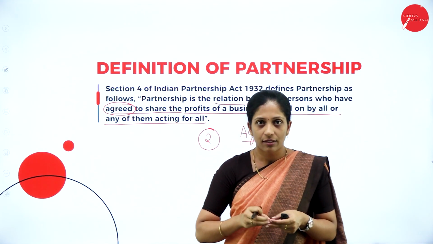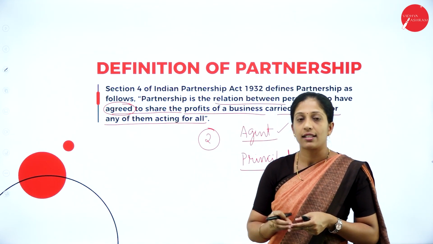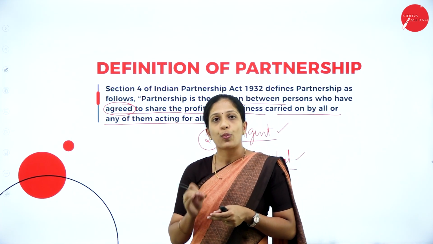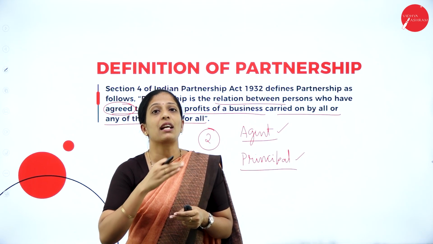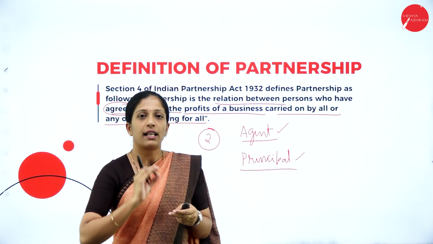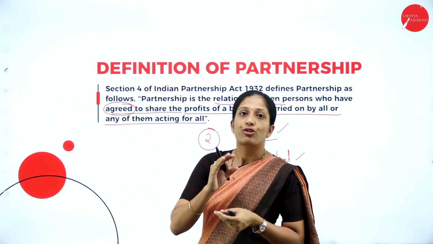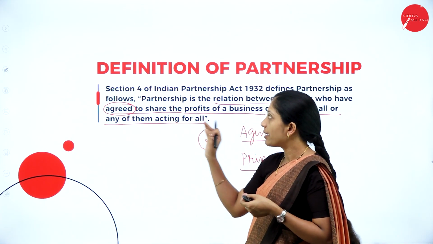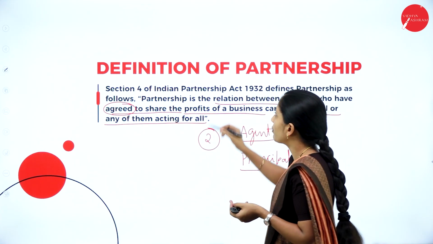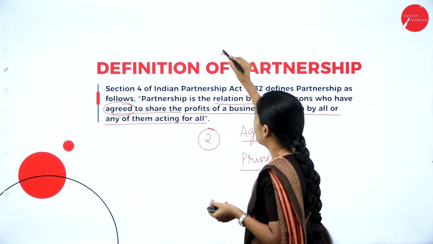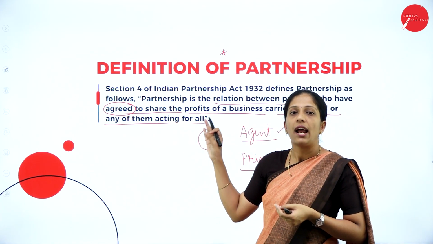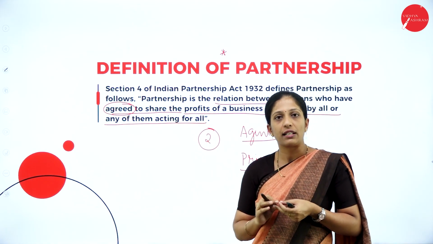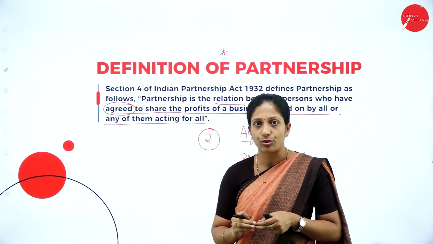When he takes a decision and makes others follow it, he acts as a principal. Hope you are clear about the partnership. This you can expect for 2 marks: Define partnership. Then you have to write exactly this definition according to Section 4 of Indian Partnership Act 1932.